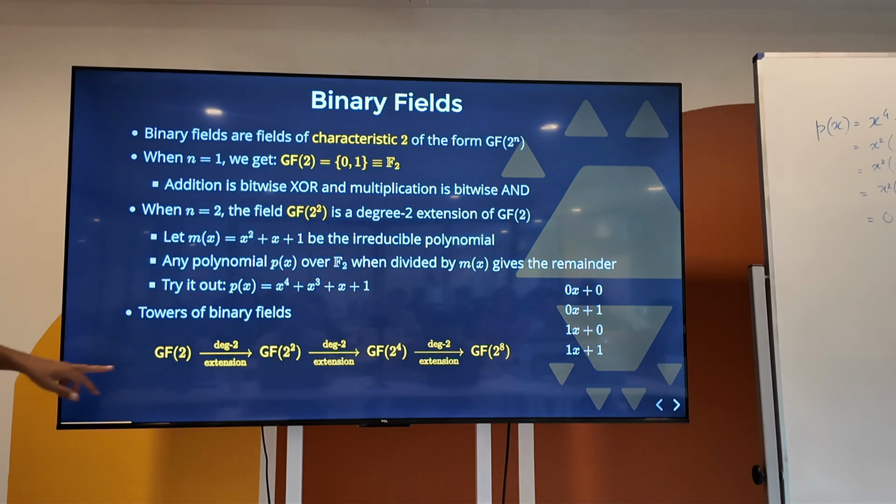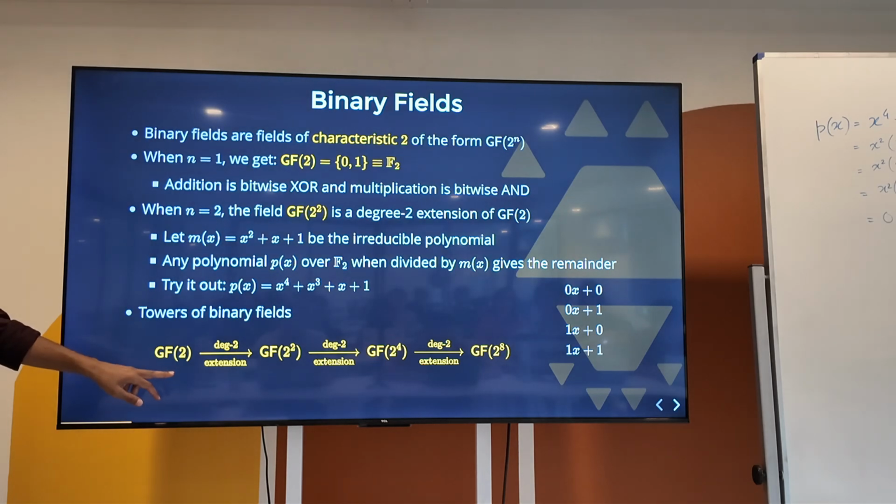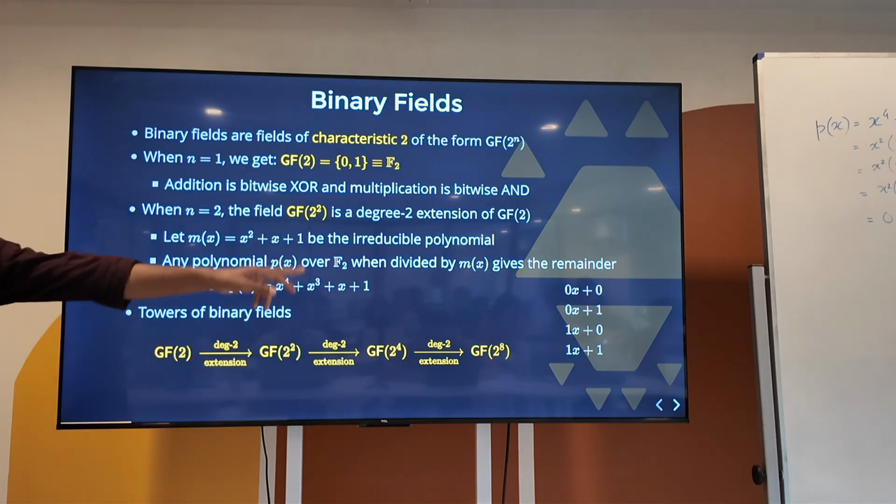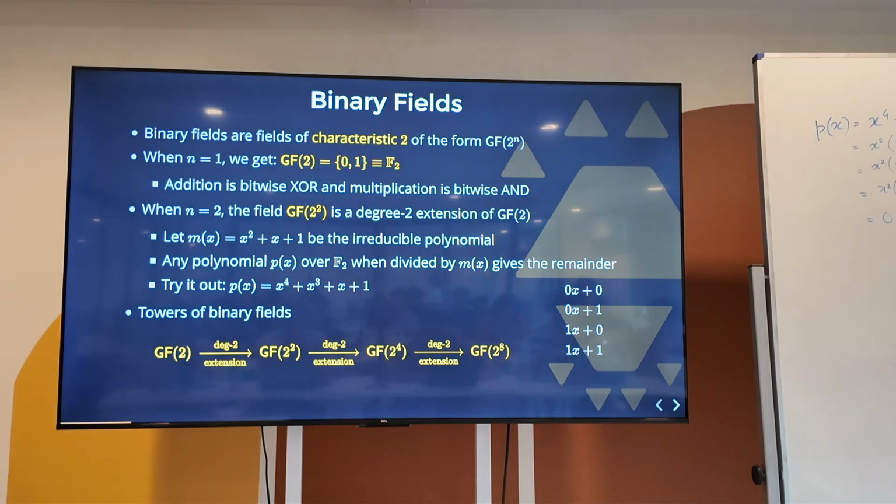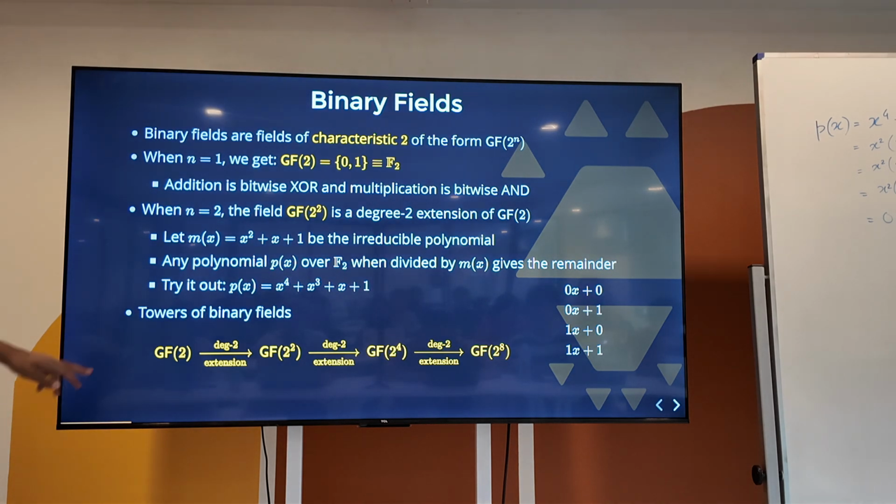You can imagine you start with just 2 elements in your base field, and after doing 7 or 8 steps, you'll reach a very large field. And this is basically called the tower of binary fields, because you build the next field keeping your previous field as the base field.